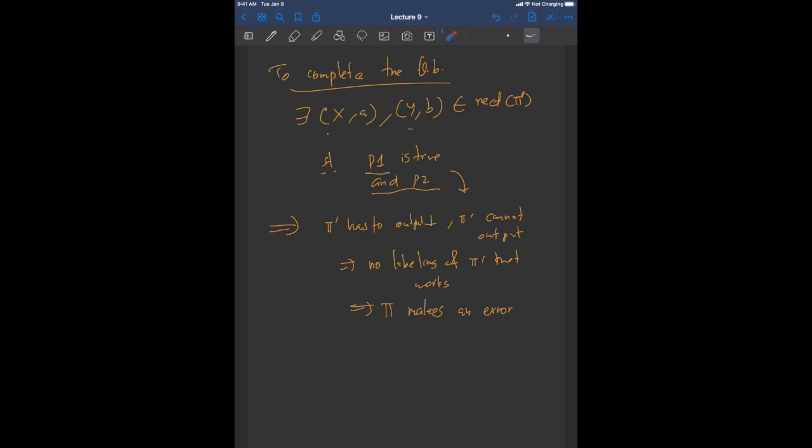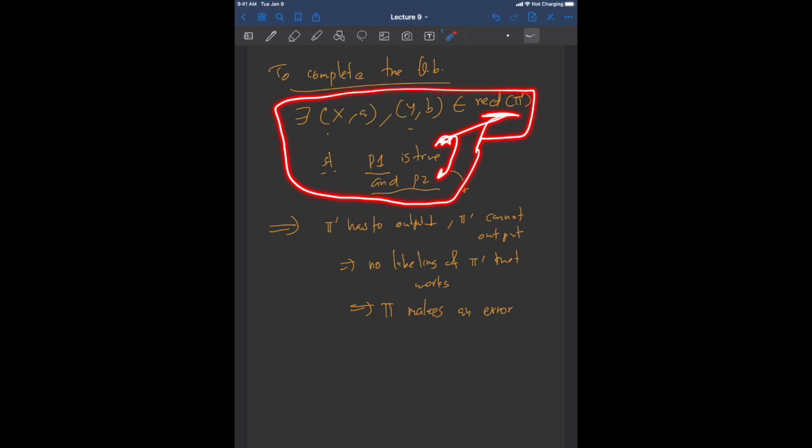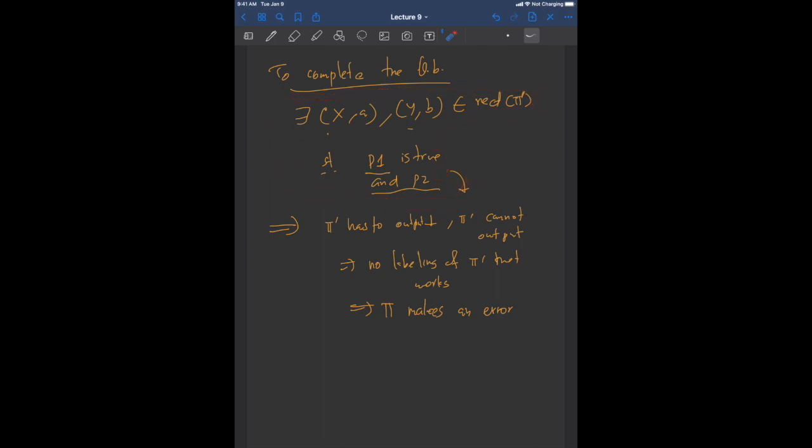What we are going to do is employ a probabilistic argument which would sample a matrix xa and yb in a way that will show that with non-zero probability we will get an xa and yb that satisfies all these properties. So first it's in the rectangle of pi dash, second promise 1 is true, third promise 2 is true. If we have a sampling procedure which returns these things with non-zero probability, that means in the rectangle of pi dash there should be at least one such input, right? And that would complete the proof.